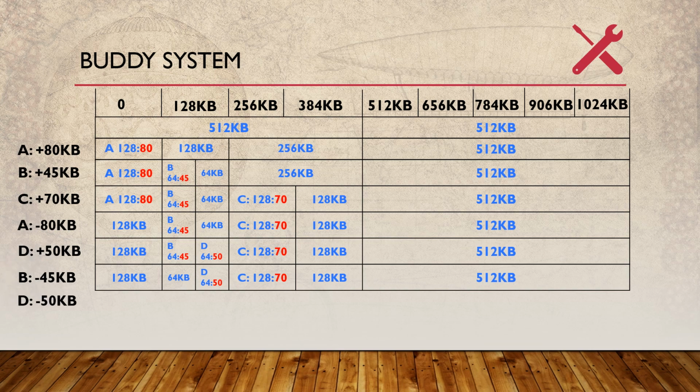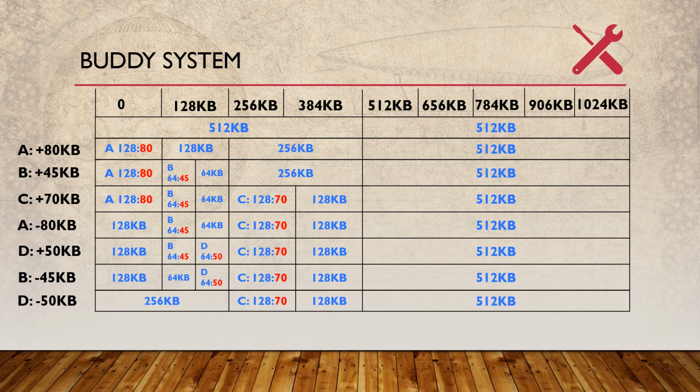And next is the release again for memory D. For memory D, as usual, I would like to find the part which memory D just allocated, and now I would like to release it back again. Now you can see the 128, 64, and 64 are all three blocks already available for use, and now I would like to add them up to 256 KB.